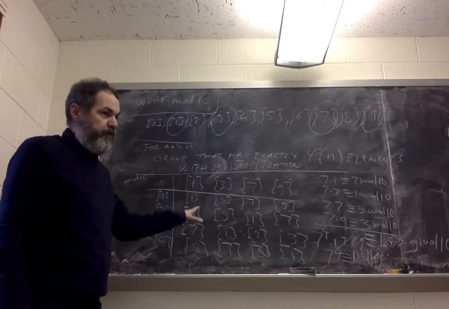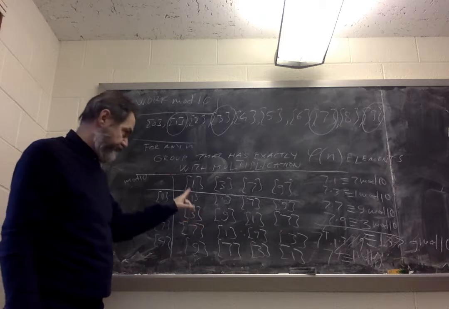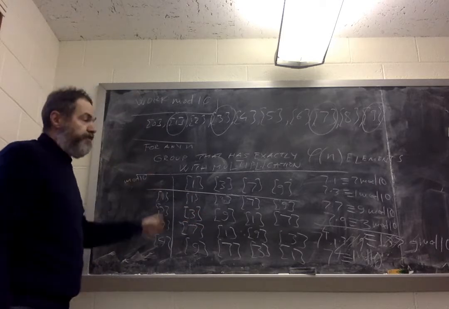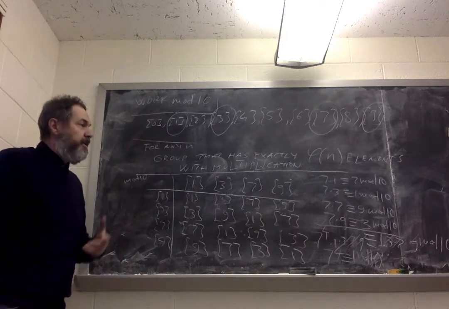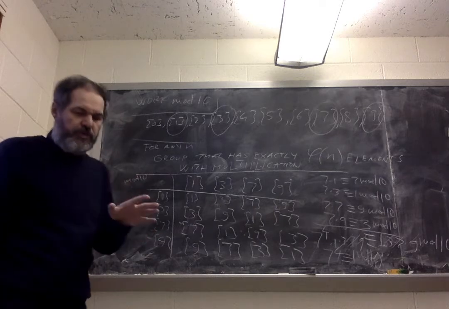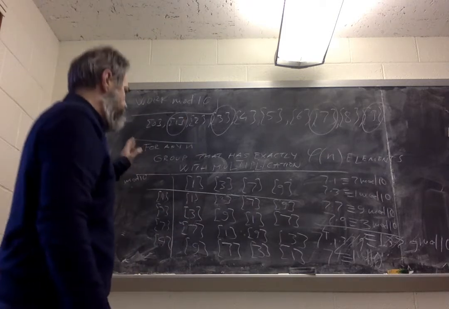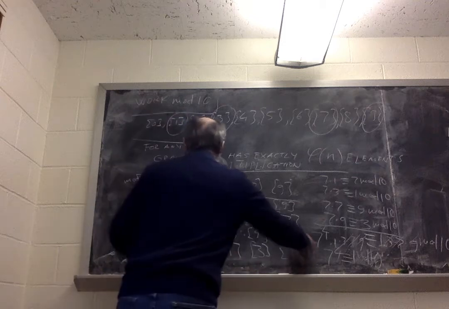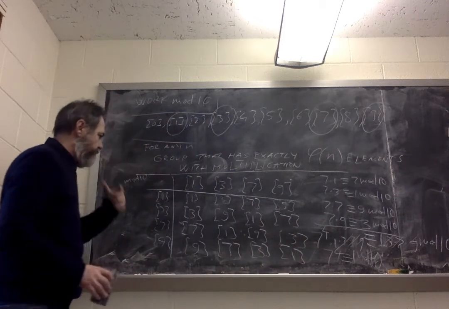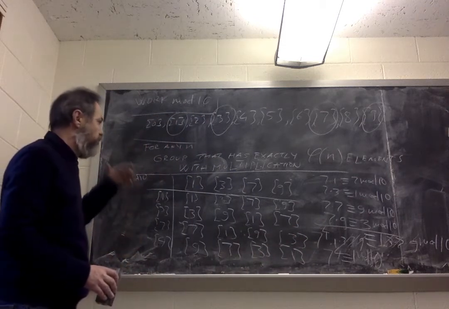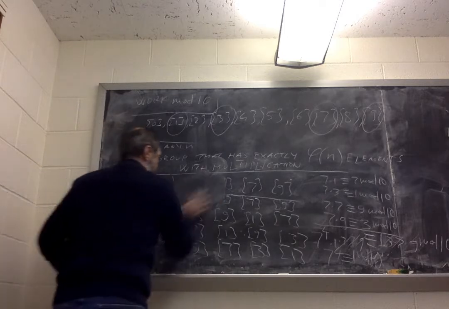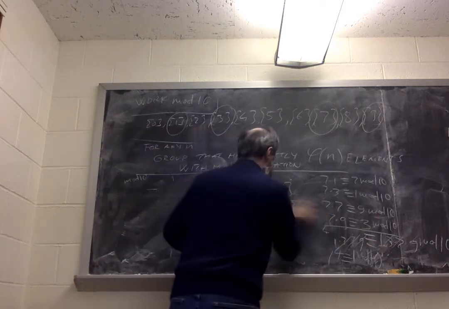Now this proof works in general for general groups, but let's just do it in the case of commutative groups, A times B equal to B times A. Clear?